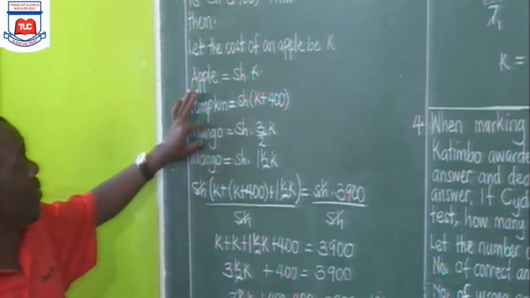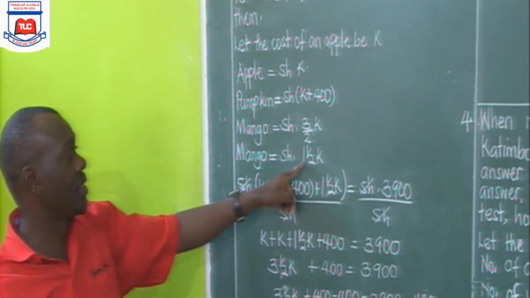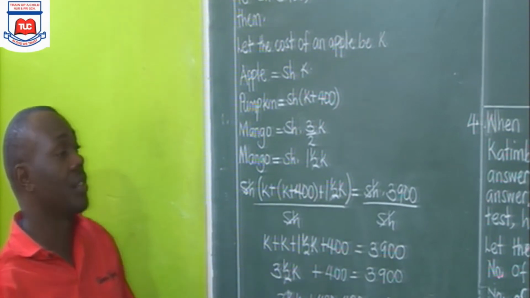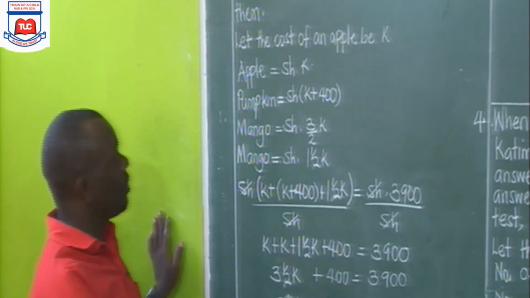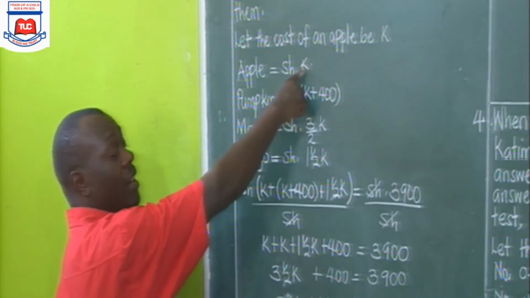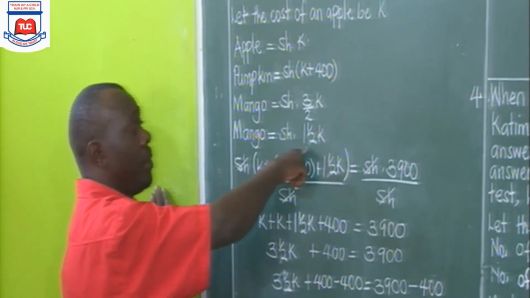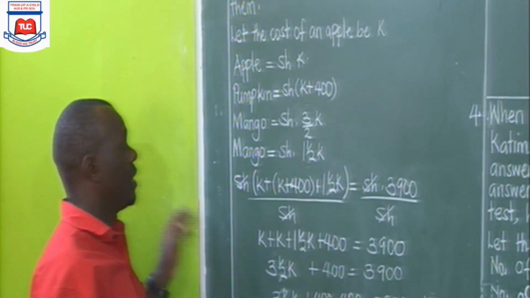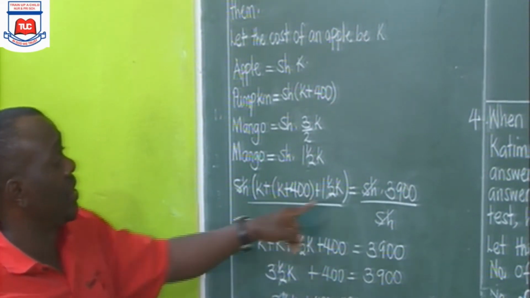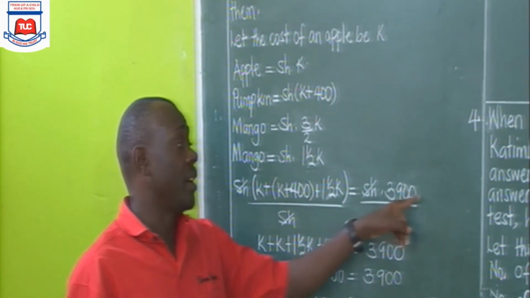Remember not to repeat that of a mango. So we say K plus 400 plus 1.5 K shillings, they are all in shillings, equals 3,900 shillings.